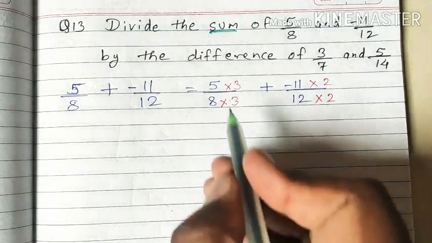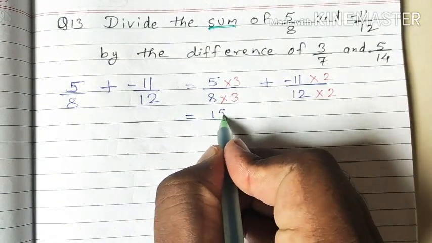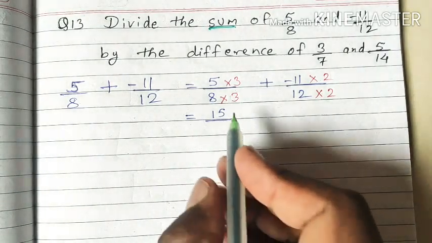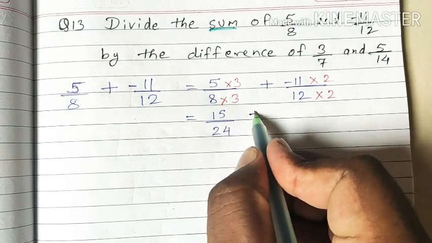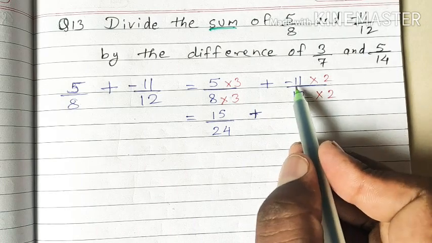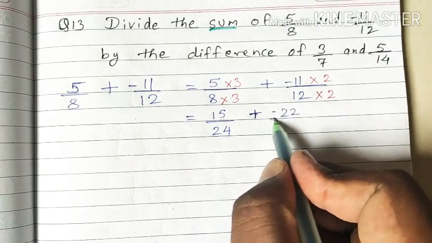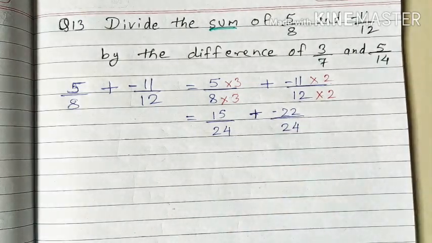Now 5 threes are 15. 8 threes are 24. 11 minus into 2 means minus 11 into 2. 12 twos are 24. Got it?